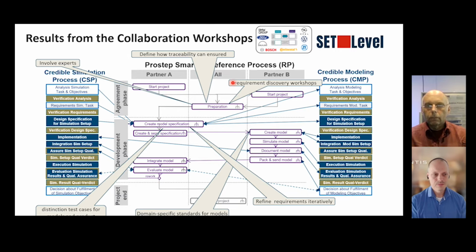And we have to define in these discovery workshops what tools we use and what the roadmaps of the tool versions are, because the projects run for a long time, and tools change over time.